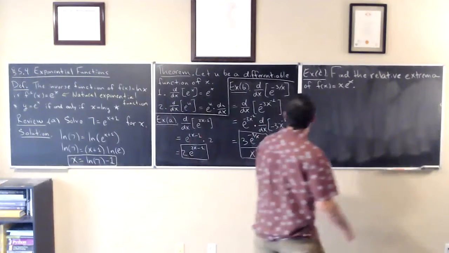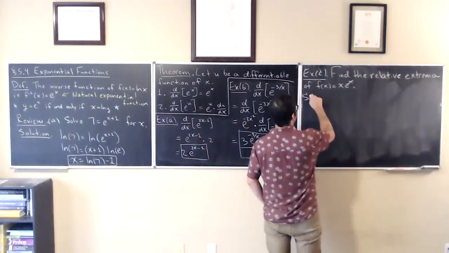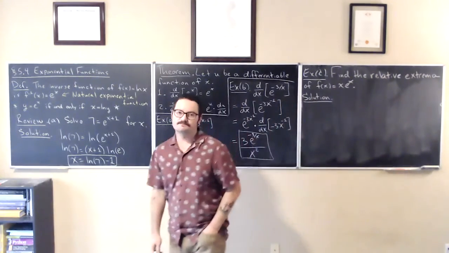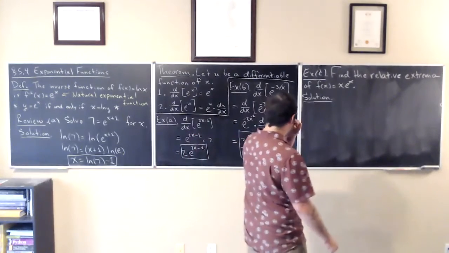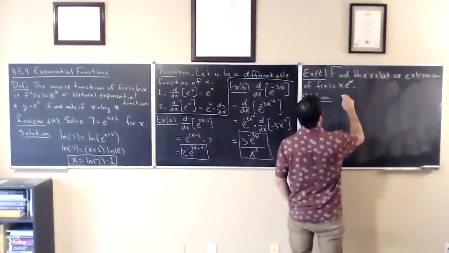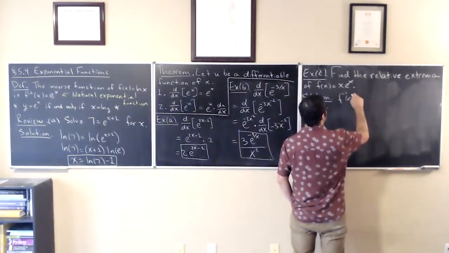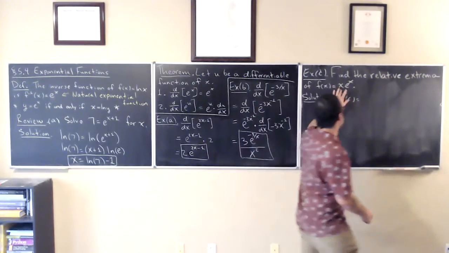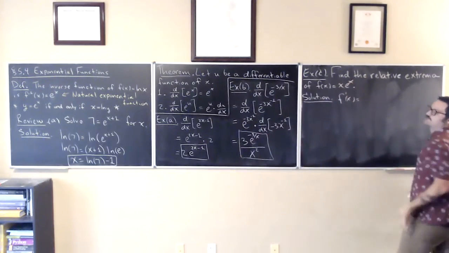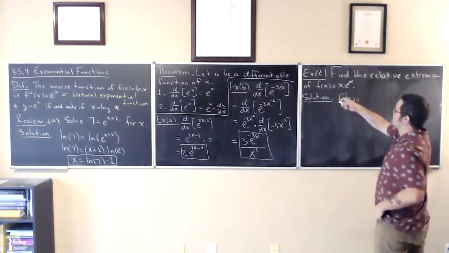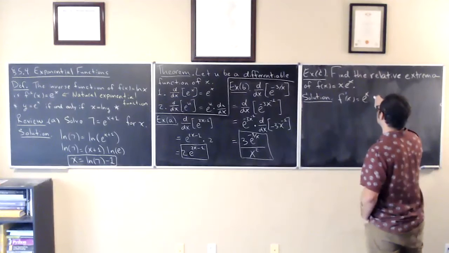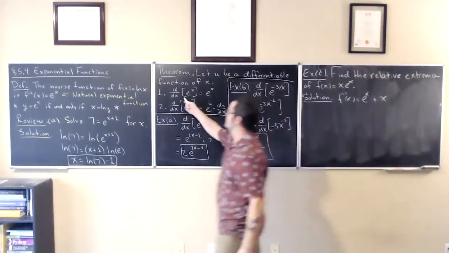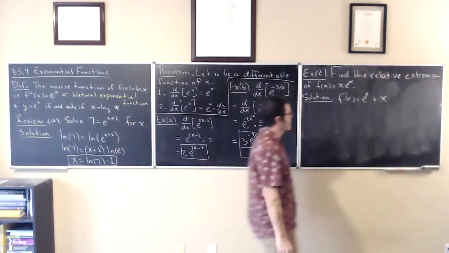All right, so here in the whole solution process, in particular, we need to find the critical numbers. So f prime of x. It looks like we have a product of functions. So it's the derivative of this times that plus that times the derivative of that. The derivative of x is just 1. So 1 times e to the x plus x times the derivative of e to the x. But the derivative of e to the x is just e to the x.